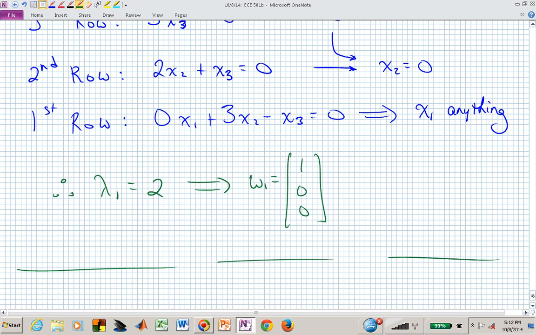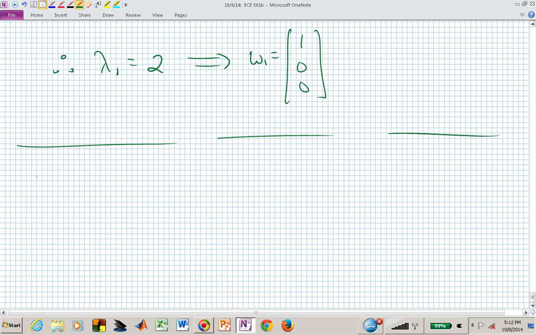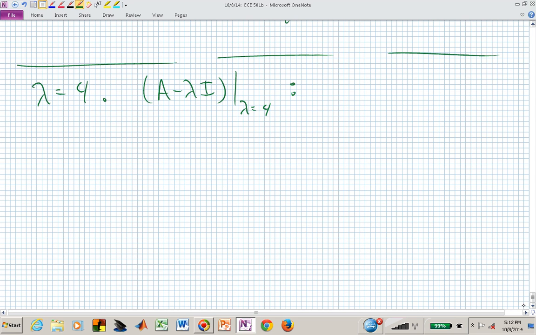What do we know about the eigenvector associated with the eigenvalue 4? Now we want to look at A minus lambda I with lambda equal to 4. If we plug that in, we now have 2 minus 4, or minus 2, 0, 0. We have 3, 4 minus 4, or 0. And then in the last column, we have minus 1, 1, and we have 5 minus 4, or 1.